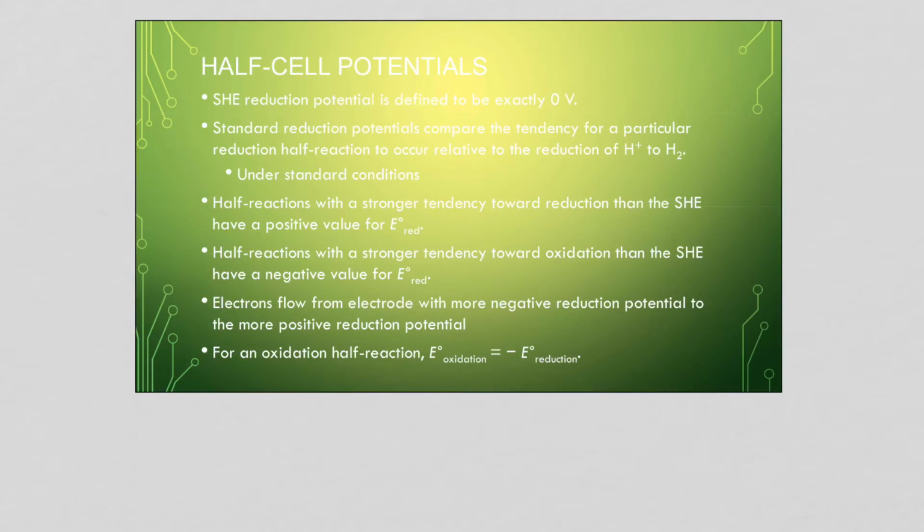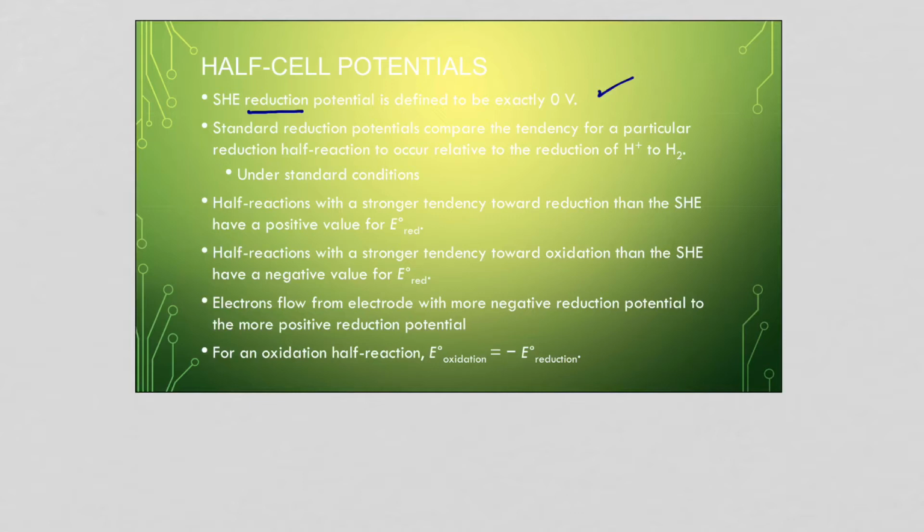So, a couple of key things. I said the SHE reduction potential is assigned 0. Now, you'll notice we will start to think about everything as a reduction potential. Even though in a particular cell it may not undergo reduction, the standard electrode potentials we're always going to think about as reduction potentials, at least to begin with.